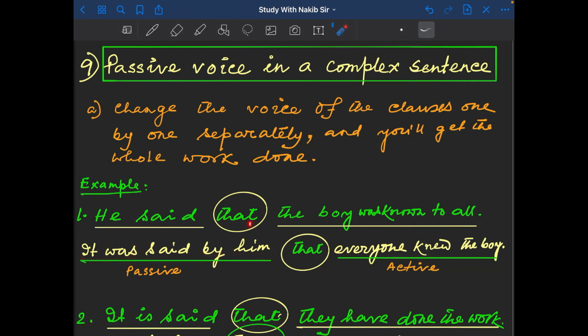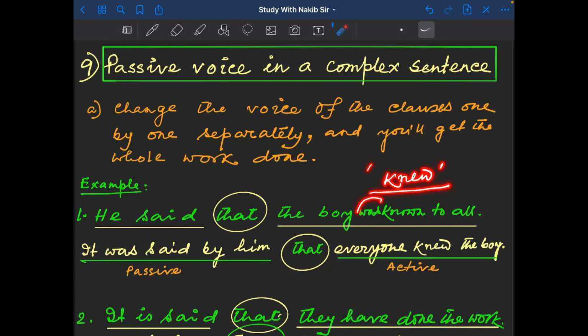Now come to this one, that. Use that here. Now the boy was known to all. Generally all comes to the subject form as everyone or everybody. So everybody, it is a passive voice. We got was because the original verb was the verb in the past tense without any auxiliary.